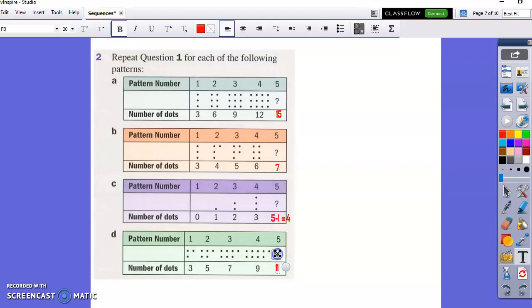So the rule can change. If this one increases with 1, the second one increases with 2. 3 plus 2 is 5, plus 2 is 7, plus 2 is 9, plus 2 is 11. So this is the rule for this one.